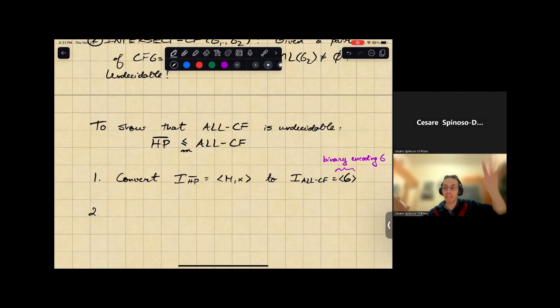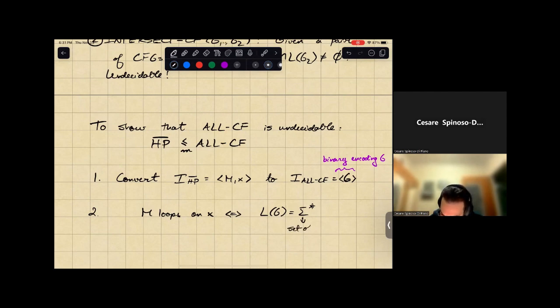But if you translate what a yes answer is for both of these instances, that just means that M loops on X if and only if, and the if and only if is what forces this yes to yes, no to no correspondence. So M loops on X if and only if the language generated by G is equal to sigma star, where, remember from the previous video, sigma is the set of terminals of G.